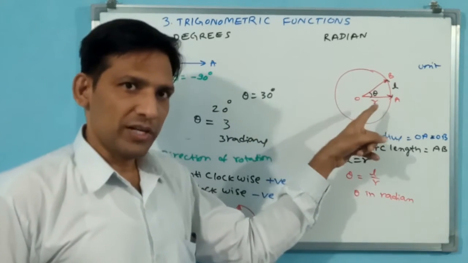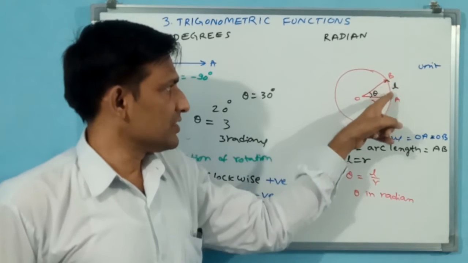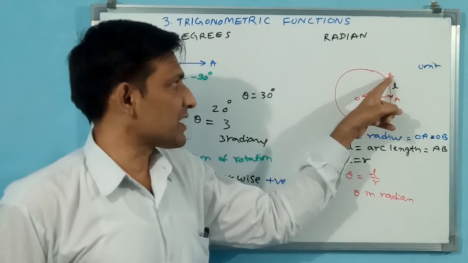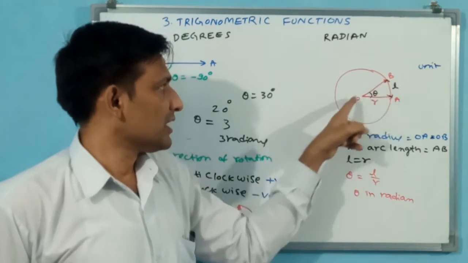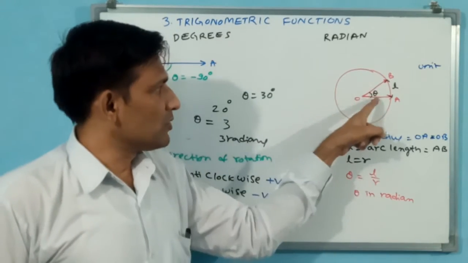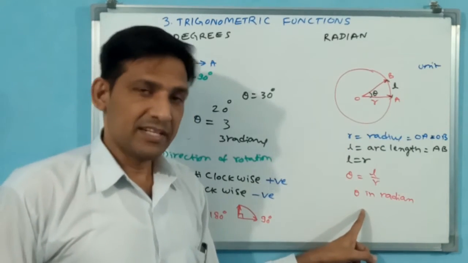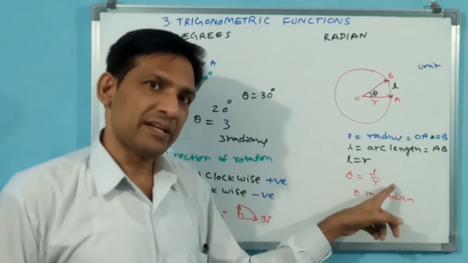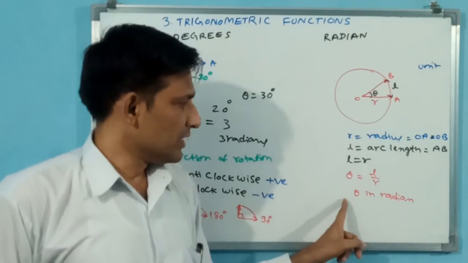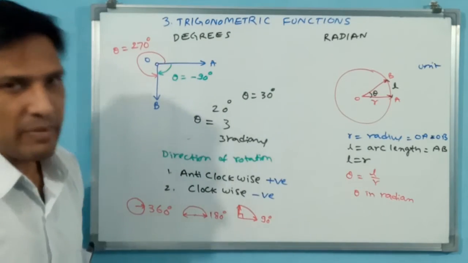In that position, A to B means the terminal position. This is the starting initial position, and this is the terminal position. The angle up to the terminal position is a radian. That is called a radian. 1 meter by 1 meter, the meters cancel, then only 1 will come. That is theta in radians. This is radian measurement.